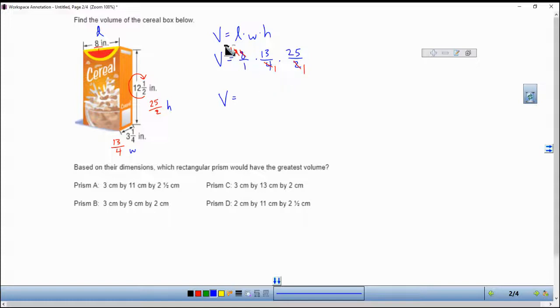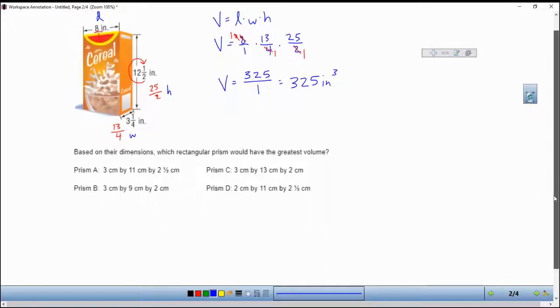I know 12 quarters is $3, so 13 quarters is 325 over 1 times 1 times 1, which is 1. So 325 divided by 1 is 325 inches cubed.